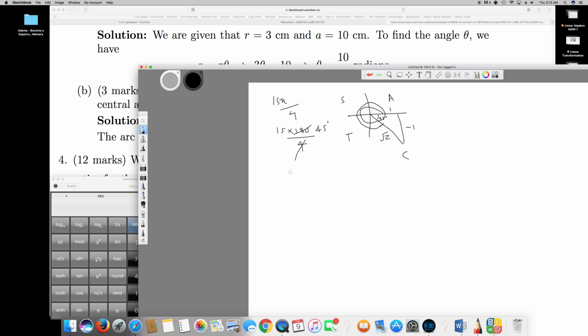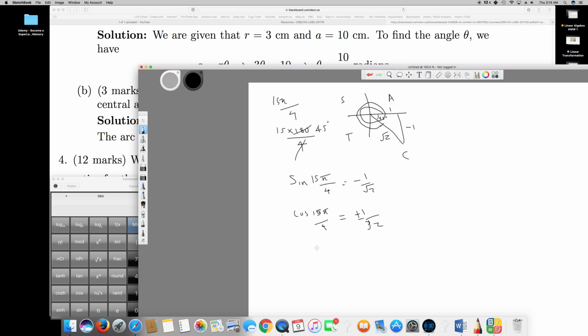Since I have to find all the variables here, sine 15 pi by 4 is going to be equal to minus 1 over root 2, and cos 15 pi by 4 is going to be positive 1 over root 2.